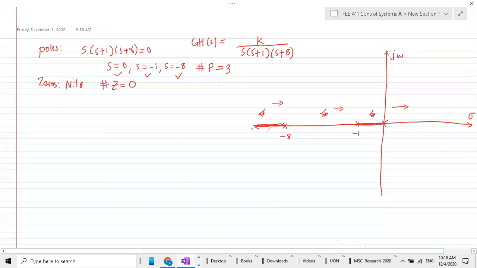And remember, we said in rule 2 that a root locus starts from a pole and goes to a zero. So this pole will go and look for a zero, this pole will go and look for a zero, and this one will also go and look for a zero to terminate.